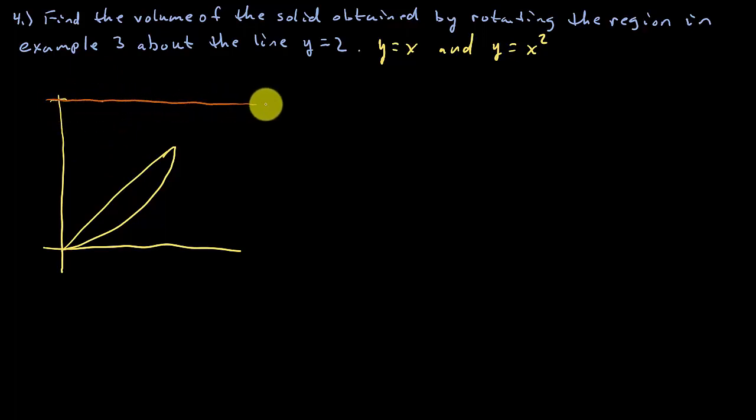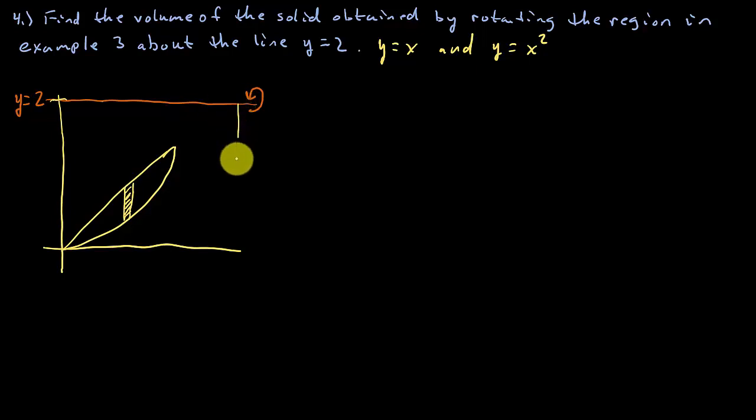I'm rotating it about this line, y equals 2. Remember, your rectangle is drawn perpendicular to the line you're rotating it about. Now, the important thing to keep in mind: the radius is measured from the line you're rotating it around. Okay, so I'm rotating it around this line.